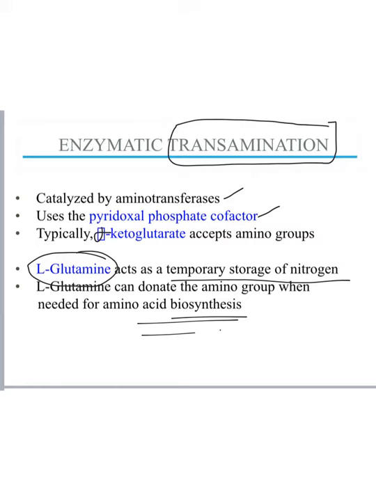We also know we can use glutamate in nucleotide synthesis. So glutamine and glutamate are going to be important as we go through this process, holding that nitrogen for us until we need it for other processes, and then donating it when that time comes.